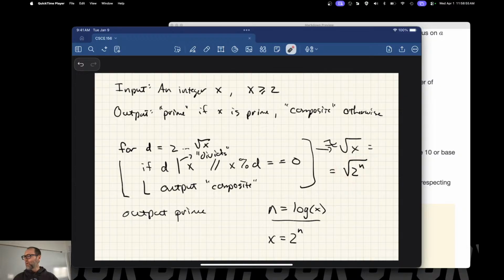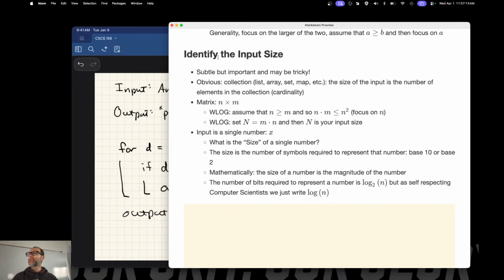No. Ignore the square root for a second and tell me what that thing is right there. That's exponential. That's why 3,000 years ago, we only had an exponential algorithm for this, and only as of 25 years ago do we now have a polynomial time algorithm for this. So identifying the input size is actually important. It is a science.